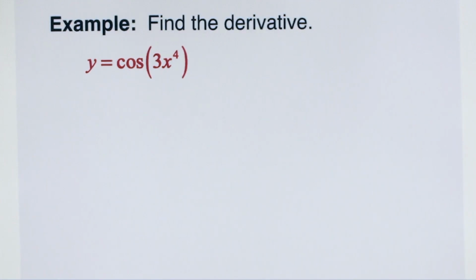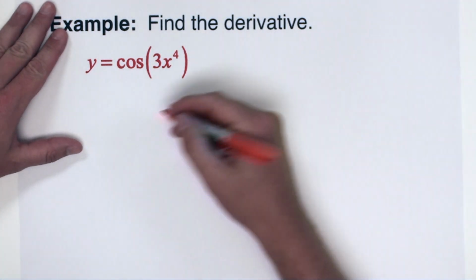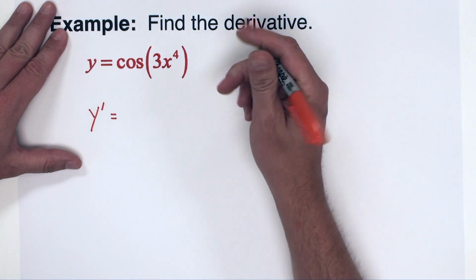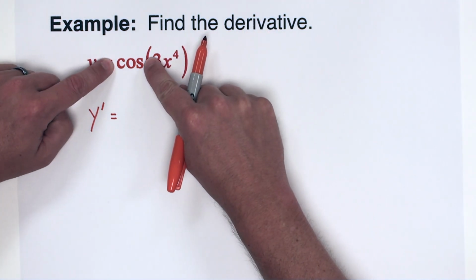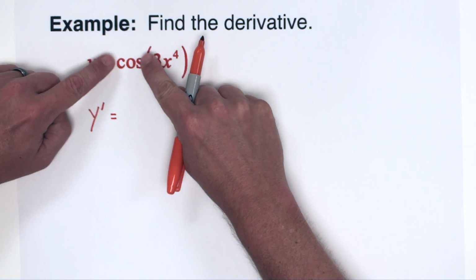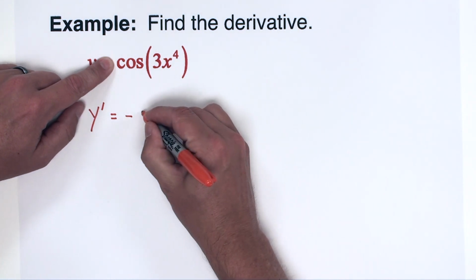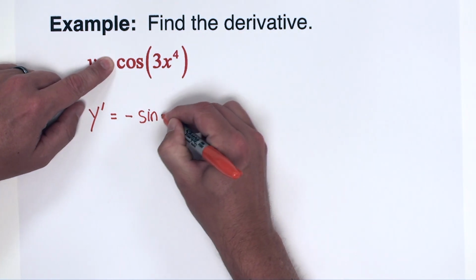Okay, next example, we have y equals cosine of 3x to the fourth. Let's just jump right to the derivative here. Again, the trig function is the outer function. So we're going to start with the derivative of cosine. And the derivative of cosine is negative sine. So we want negative sine.